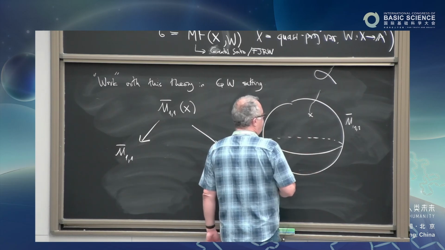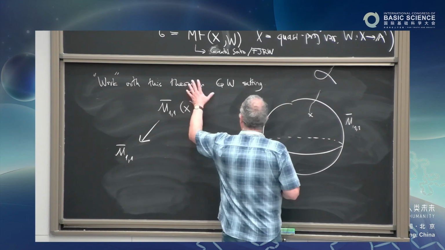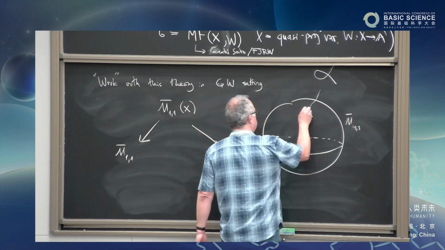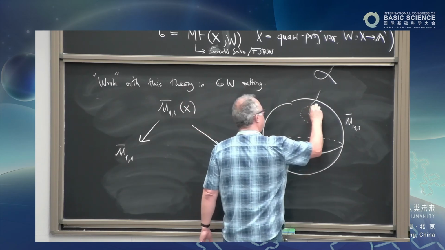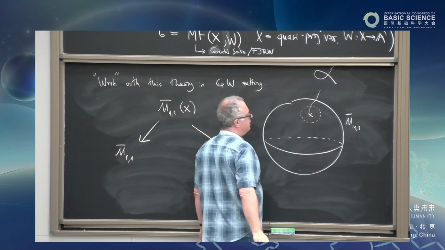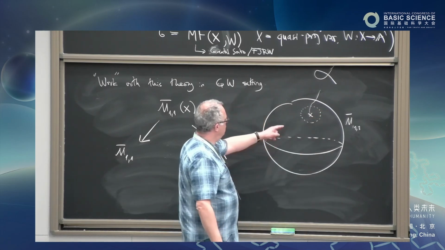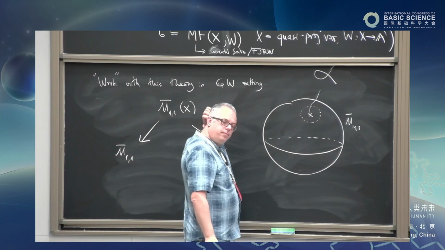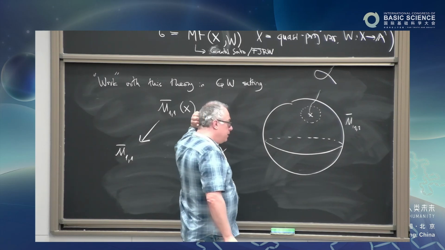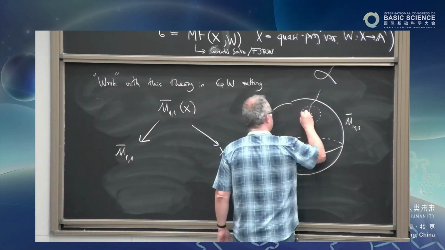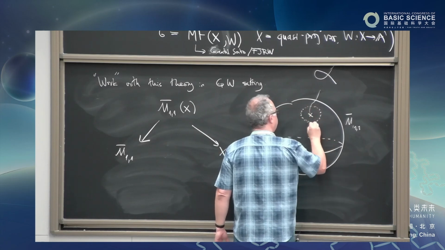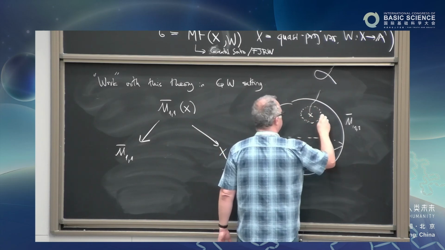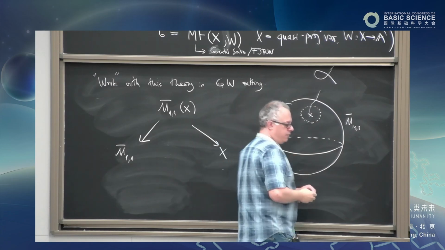Now, the idea of the CEI definition is to draw a little circle of some small radius around this cusp point.